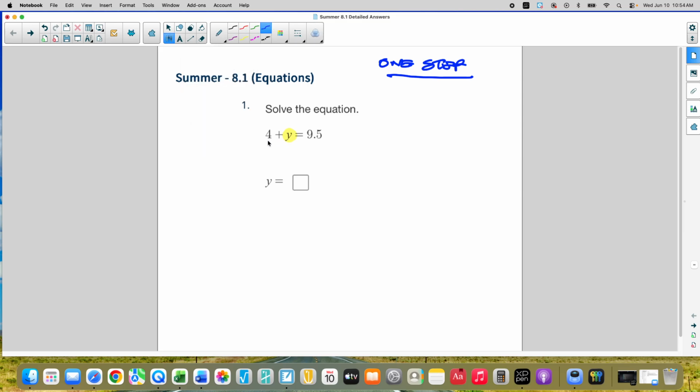Well, what's happening is 4 is being added to it, so the inverse operation, the inverse of adding would be subtracting 4. That positive 4 and negative 4 will cancel, leaving us with y. And then we have 9.5 minus 4, which gives us 5.5.